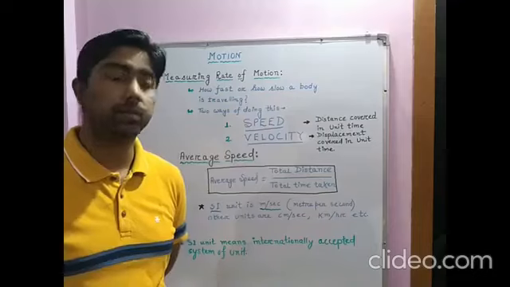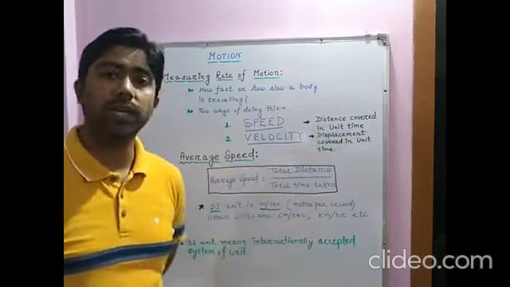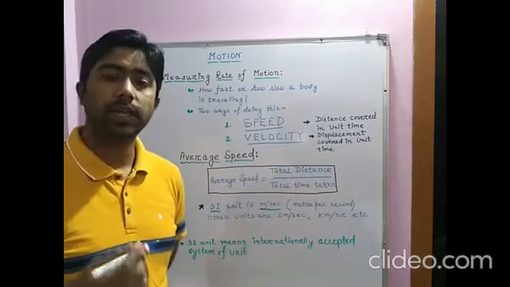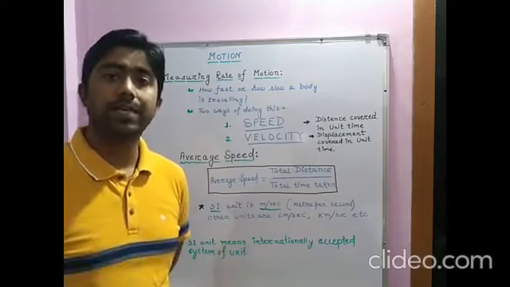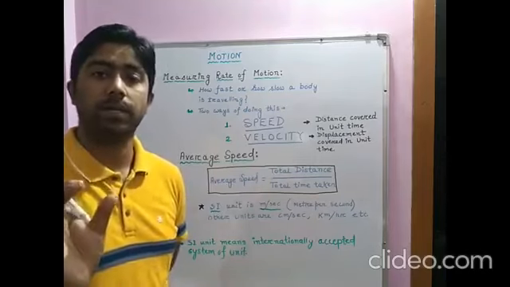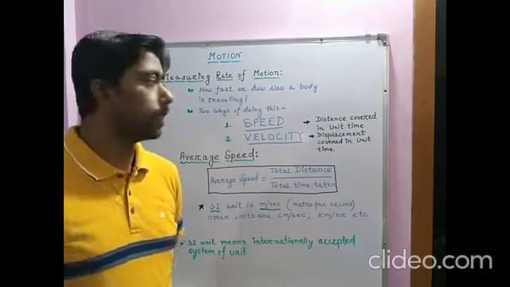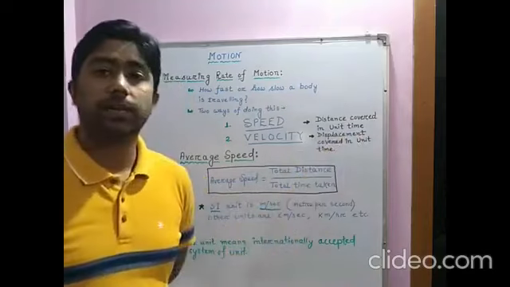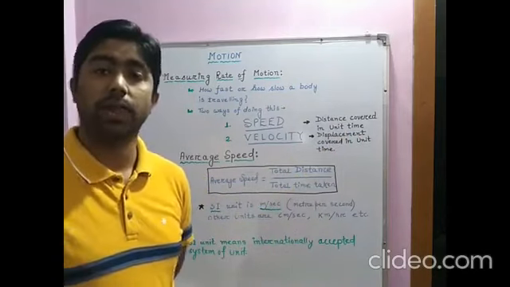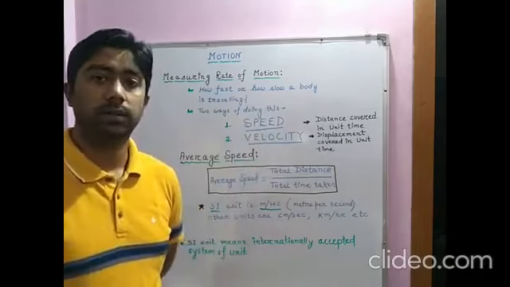In very simple terms, speed is the distance covered by a moving body in unit time. Unit time means 1 second. In 1 second, the distance covered by a body, that value along with the proper unit, is the speed of the body.